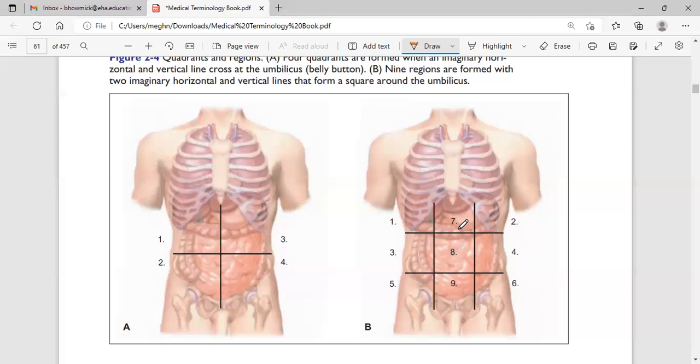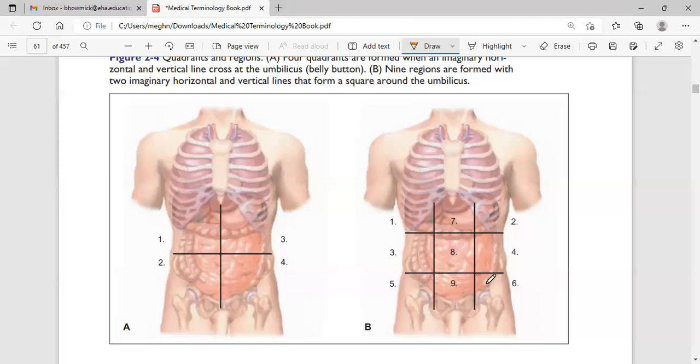And then the left lumbar area. This is the left lumbar, the middle left region located near the hip bone. It is in between the left hypochondriac and left iliac regions. Now this one, the right iliac area, is the lower right region located near the groin. This area is also called the right inguinal region.